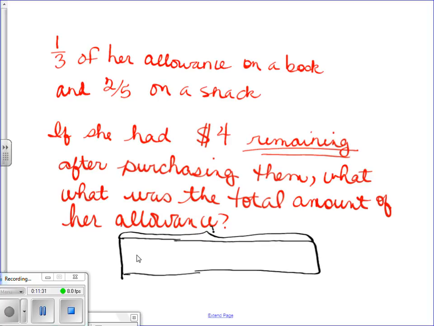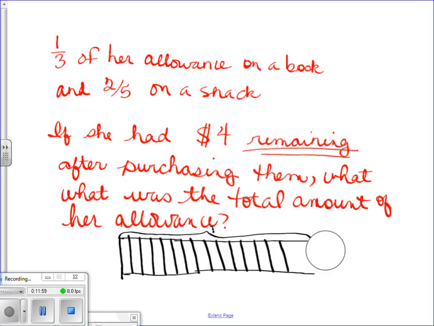So let me try. So here's 1, 2, 3, 4, 5, 6, 7, 8, 9, 10, 11, 12, 13. I got 15. 11, 12, 13, 14, 15. That's a really big piece on the end. Ugh, yuck.